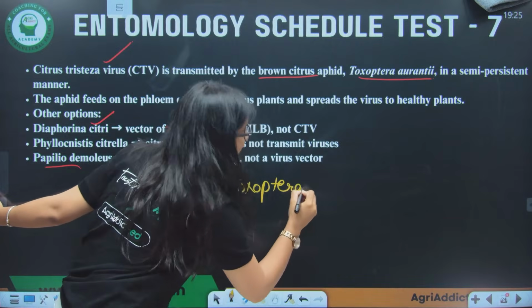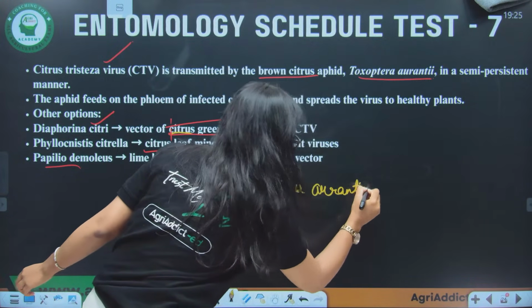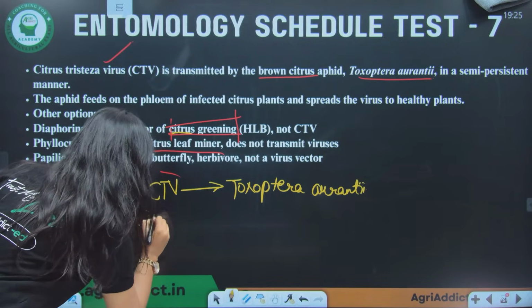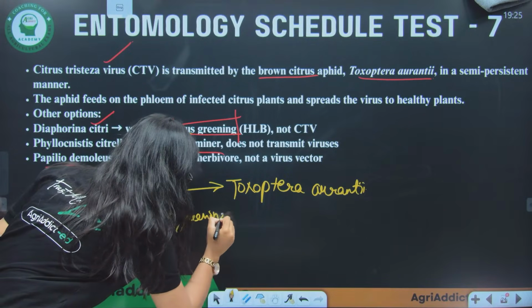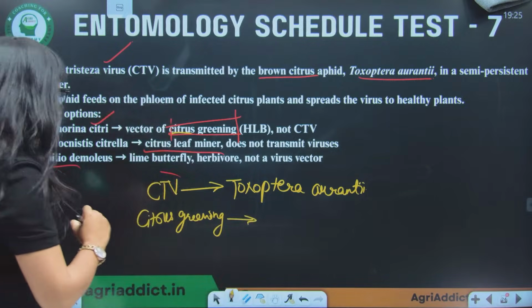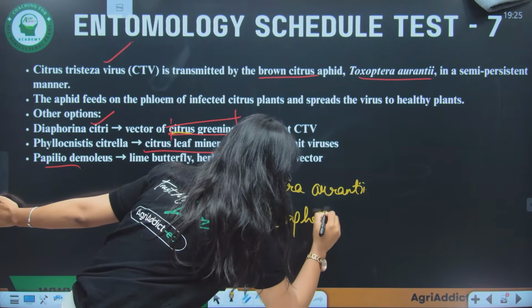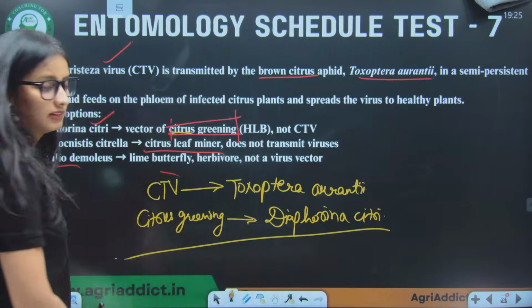Toxoptera. Is it clear? And what about citrus greening? What is it? Diaphorina. Is it clear?